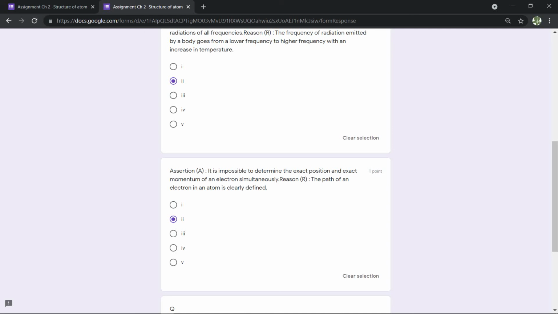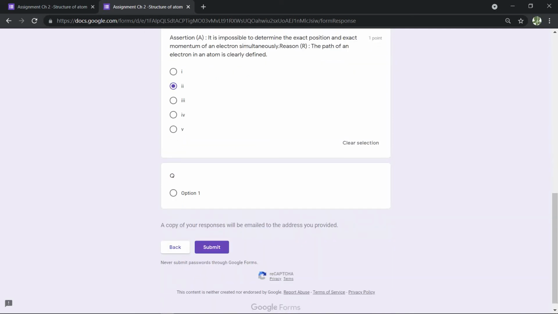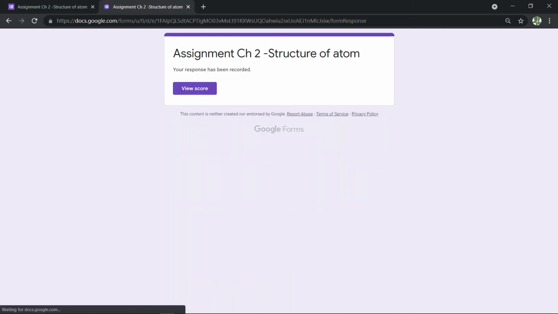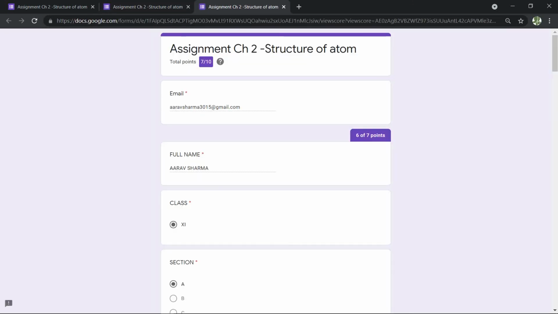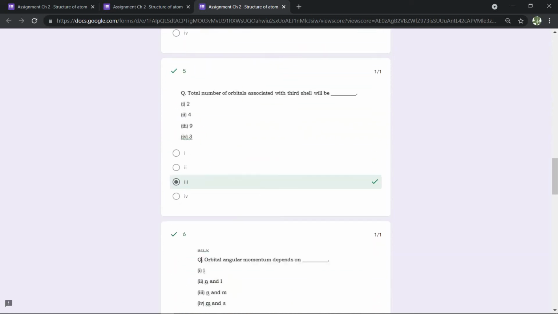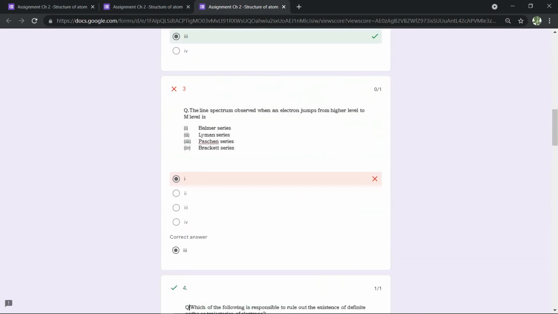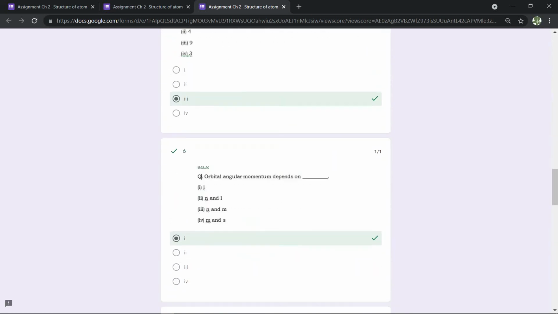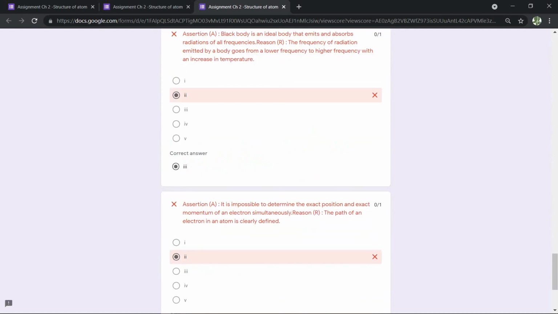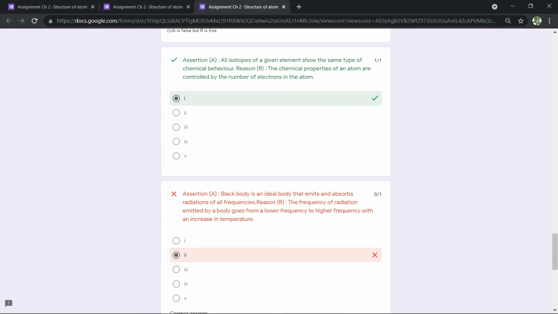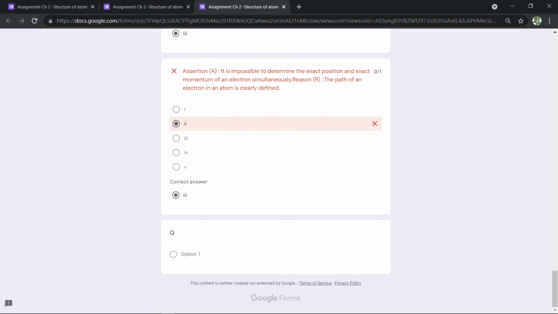It initially goes from a lower frequency to a higher frequency. That is fine, beta, that is what is written in the reason. Yes, both are correct. I will correct it and send it to you again. Scores I will release again. Both of them are true.